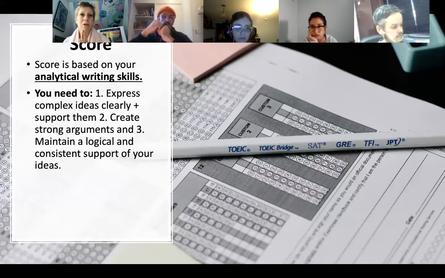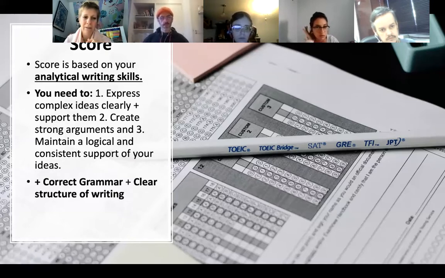It also means that you're able to express those ideas very clearly with correct grammar, and that you make your point quite strongly. Okay, and we will look at how to do that today. They're also looking for correct grammar and clear structure of writing. We will look at this more closely today, okay?